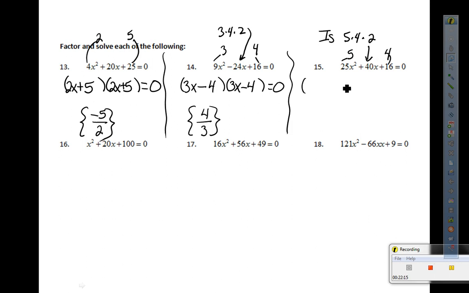So I'm going to go 2 parentheses. The square root of 25x squared is 5x. See this plus sign here? I'm going to have 2 plus signs. The square root of 16 is 4. There it's factored. Now go get the answer. Subtract 4. Divide by 5.